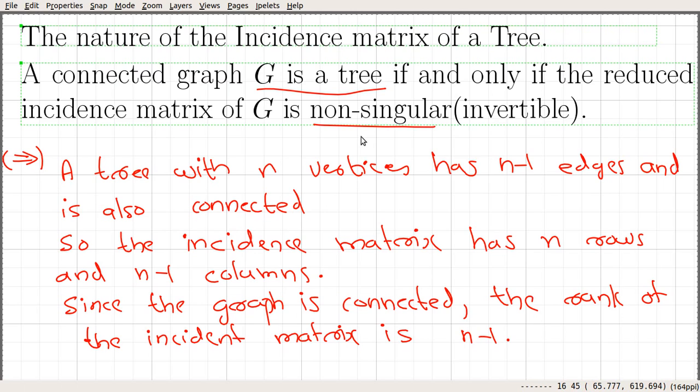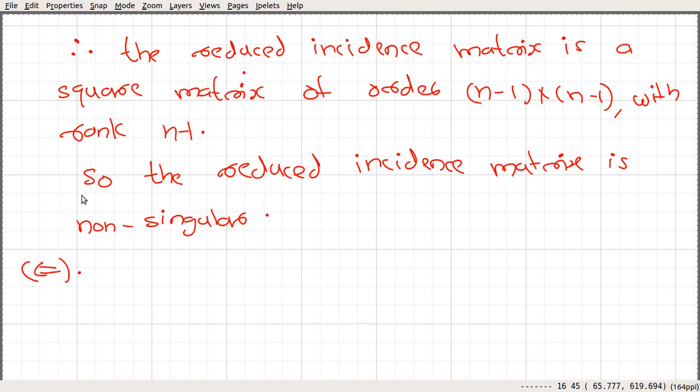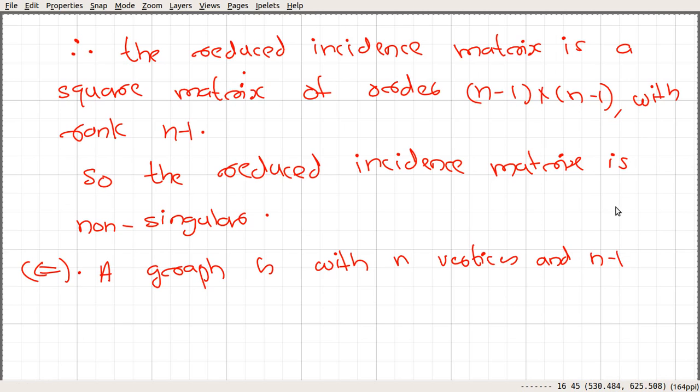Okay, so let's go and prove that. For the other direction, again it is going to be a very simple proof. So we can very easily say that a graph G with n vertices and n minus 1 edges, which is not a tree, is disconnected.